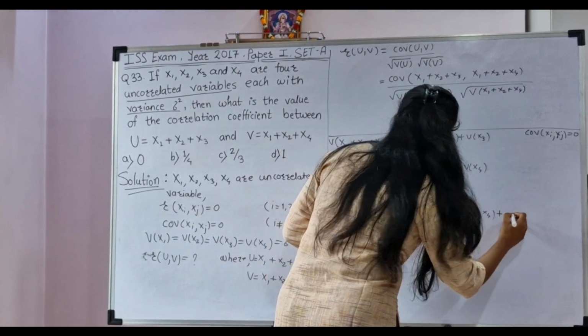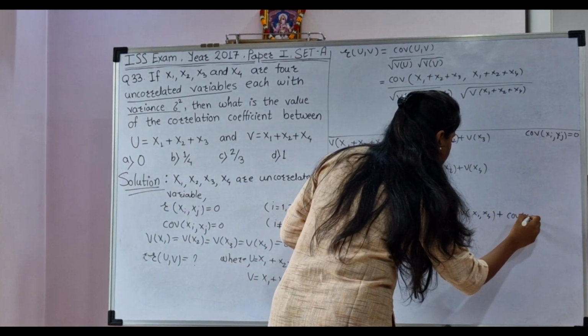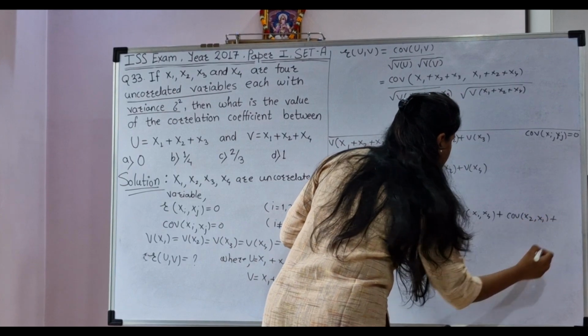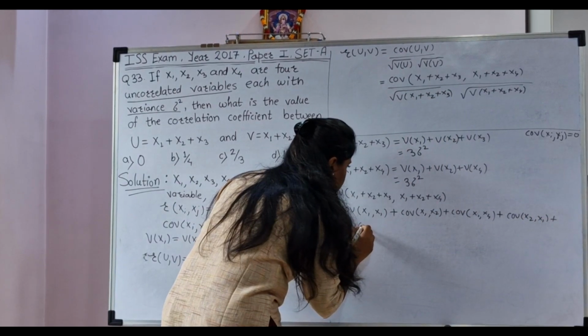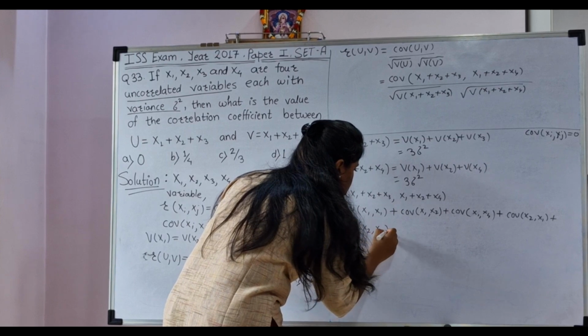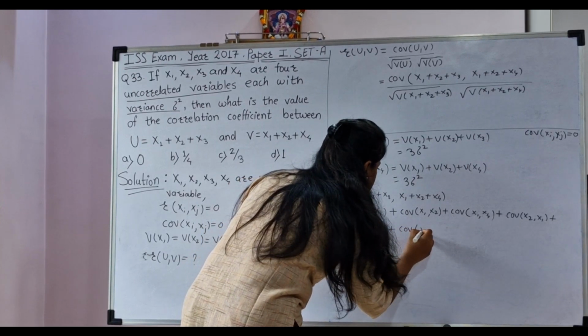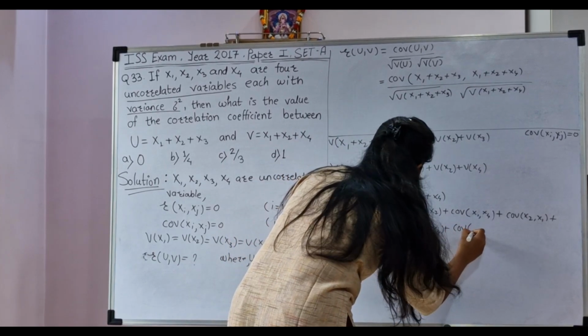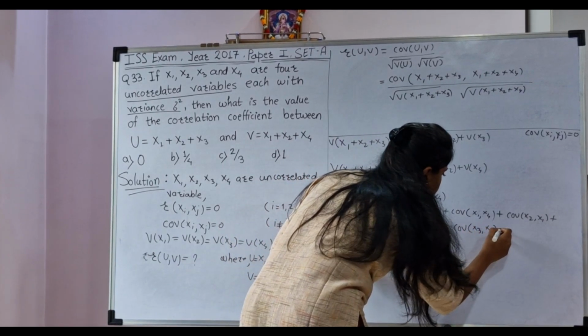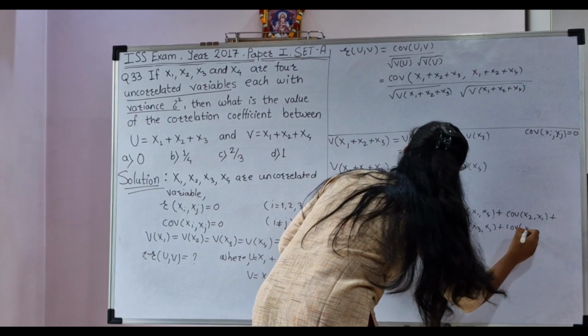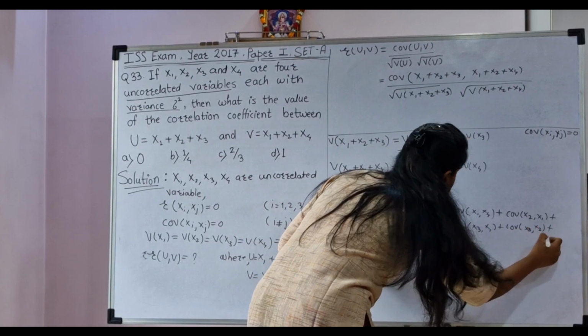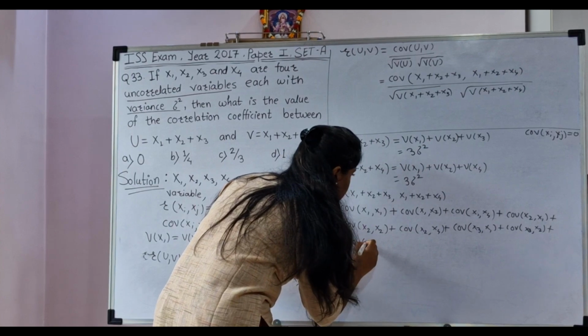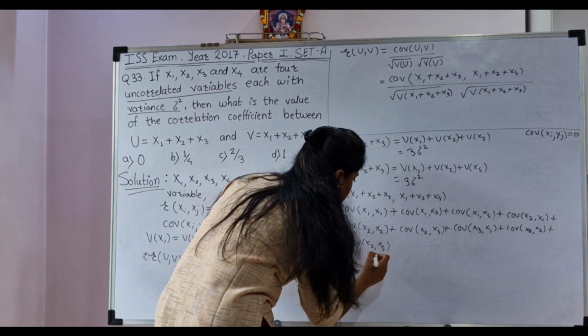Next, plus covariance of x2 x1 plus covariance of x2 x2 plus covariance of x2 x4 plus covariance of x3 x1 plus covariance of x3 x2 plus covariance of x3 x4.